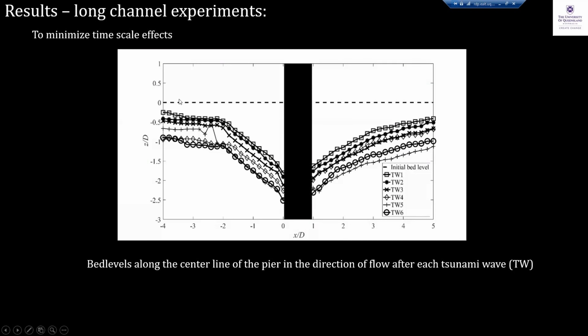So initially the bed level was here at 0. Just after the first wave, it dropped close to -2, and then it dropped to -2.5. So this is elevation non-dimensionalized with the diameter of the pier.